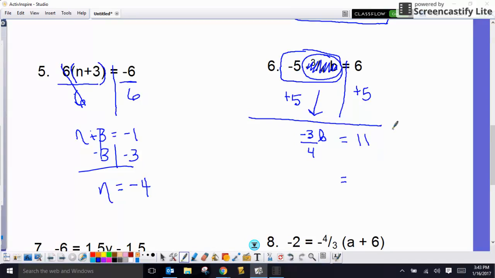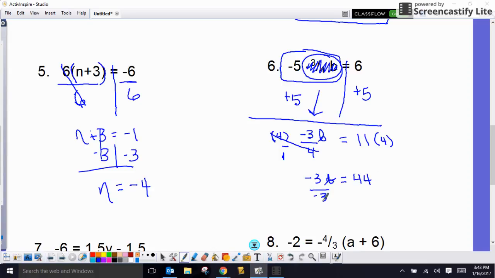That's true. So now, remember what I said. You can do this two different ways. You can multiply this by -4/3 on both sides, or you can do what my kids prefer, multiply by 4 first, and just bring down -3b, multiply by 4 over here and get 44.